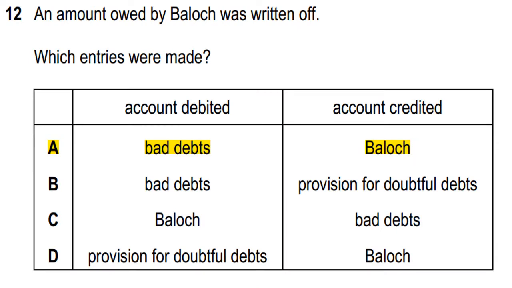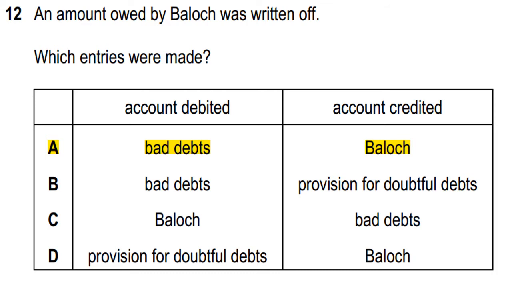And an amount owed by Bloch was written off. Which entries were made? Account to be debited and account to be credited. We will make the journal entry: bad debts will be debited, and Bloch will be credited.